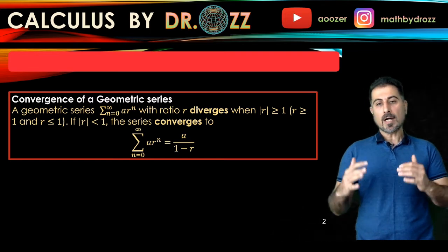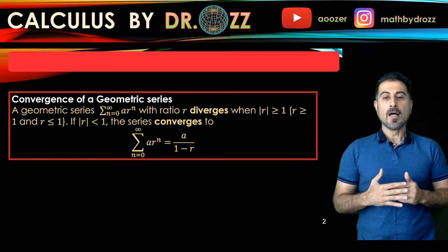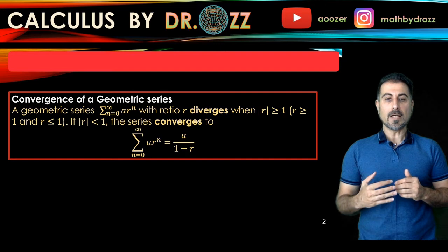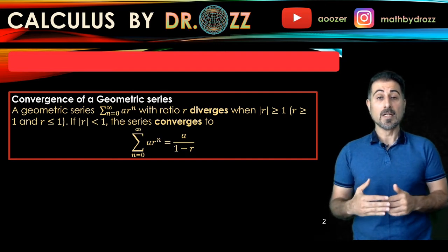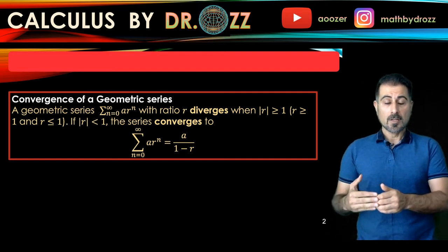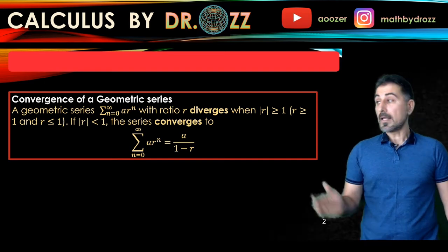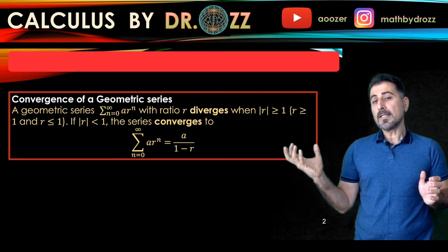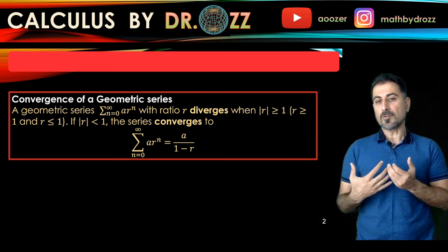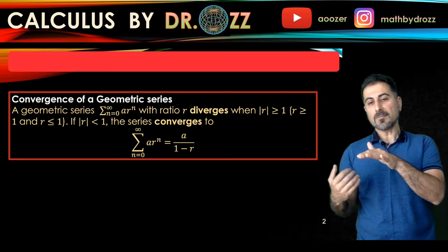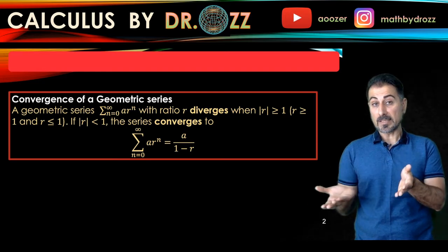So the question is, how can we use this idea to represent the power series of the given functions? Here you have a over 1 minus r, keeping in mind that r could be a function of x, so the left-hand side of the infinite series becomes a power series.